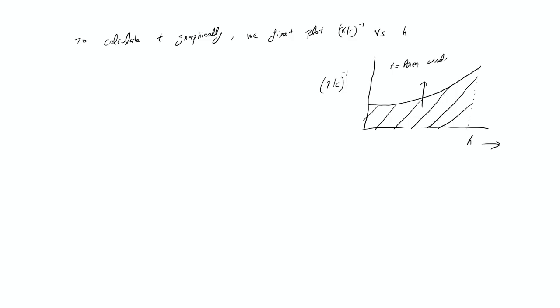Area under the curve. Alright. So this area under the curve will represent the time, and if we use the maximum rate of climb at each altitude, we will get minimum time. Okay. So the area under the curve from h equals 0 to h equals h2 is the time to climb to the altitude h2.